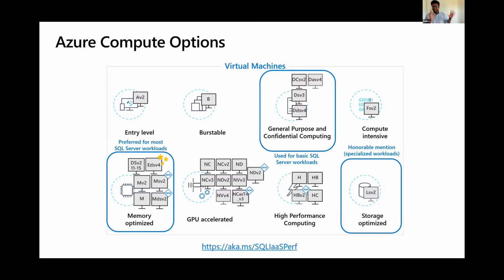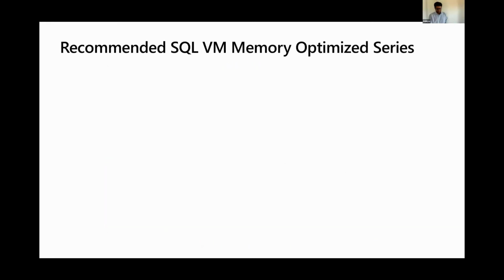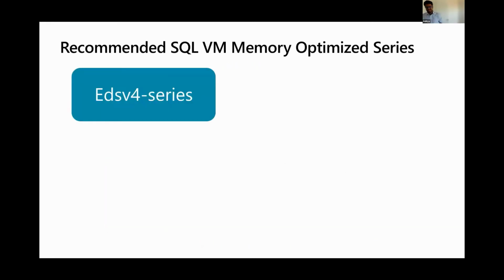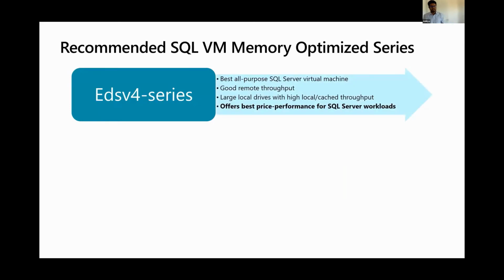So EDS v4 is our favorite series. Why is that our favorite series? Let's take a look. The EDS v4 series is a series where you have the best memory to core ratio. What is that?